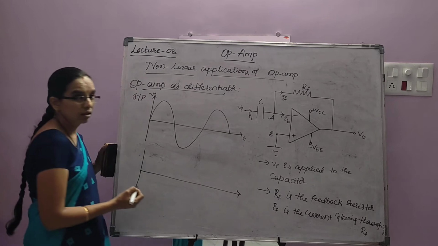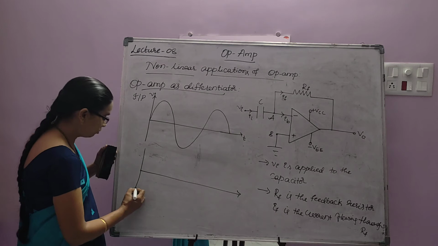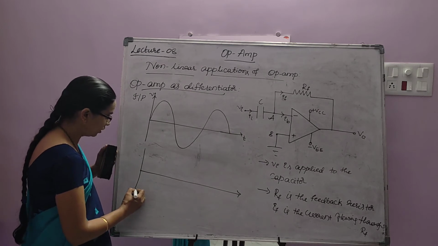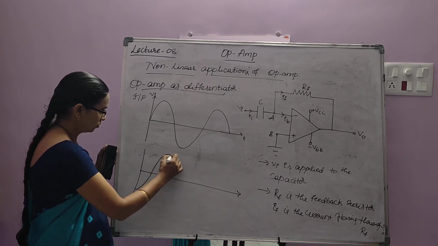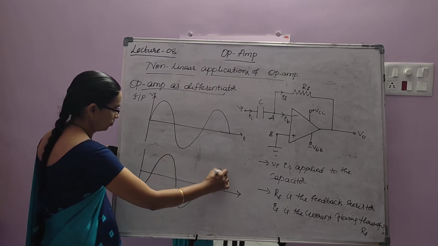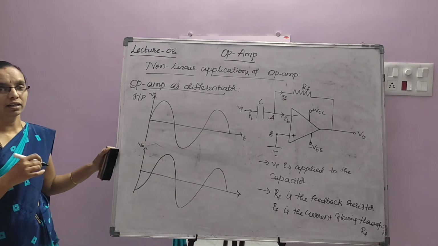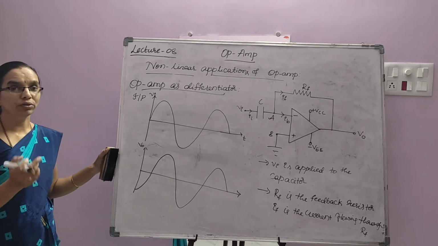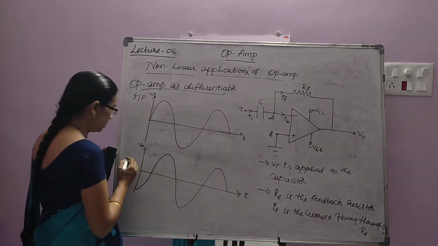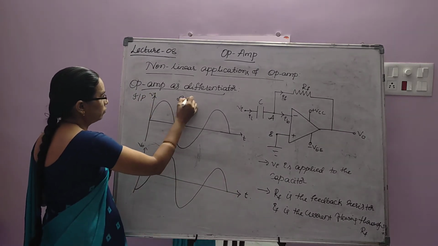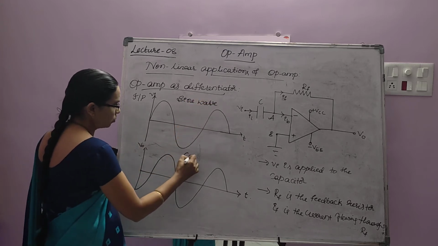Differentiation of sine is cos, so the output will be a cosine wave, but it is inverted. That means the output has a 90 degree phase shift, and also an inverted signal. So if the input is a sinusoidal wave, the output is a cosine wave.